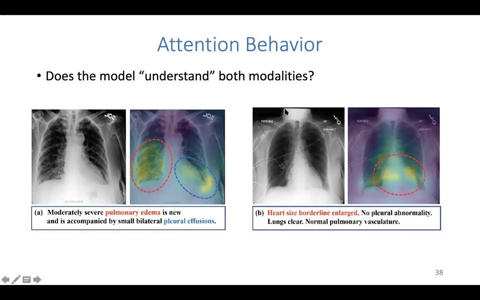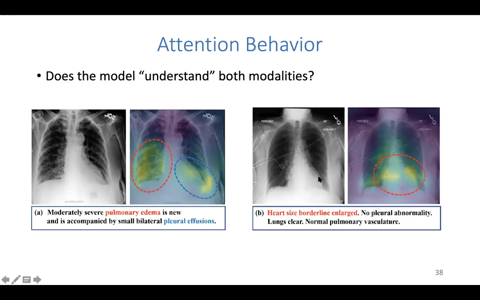And here, another example. This is a ground truth image, and this is a ground truth sentence. Here, it says the heart size borderline is enlarged. That means the border of the heart has gotten a bit bigger, the heart is somewhat enlarged. So in that case, heart size borderline enlarged. This sentence is attending to this region here, and specifically, the attention is being focused towards this part where the heart is.